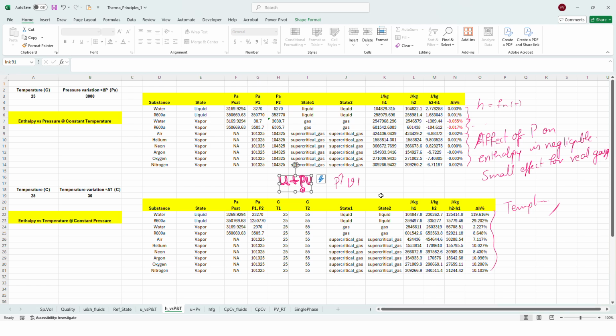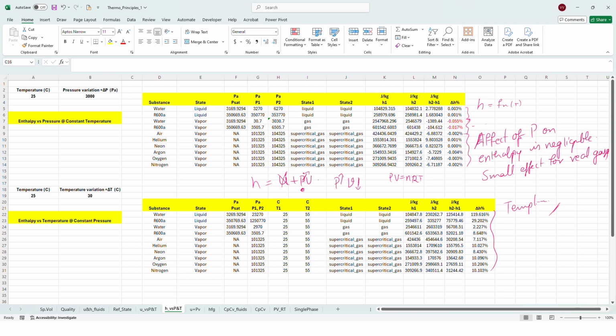Because you know PV equals nRT for ideal gases, but for real gases also, when pressure increases, the specific volume decreases for a constant temperature. So even though pressure is increased a lot, there is no effect on U. There's no effect on U with pressure as we have seen before.